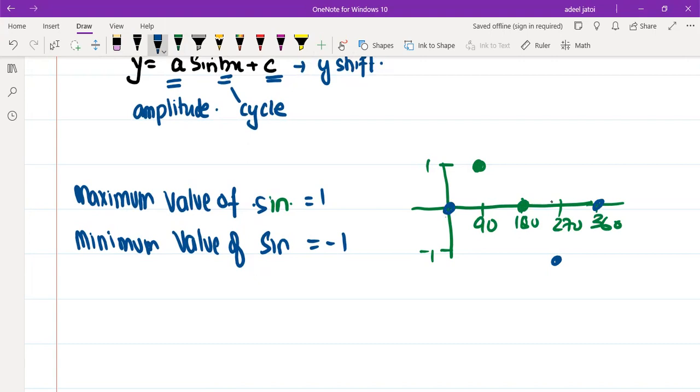So sine 0 is 0, 90 is 1, 180 is 0, 270 is -1, and 360 is 0 again. And the graph goes like this because of the minimum and maximum points. From 0 to 360, you will always have one cycle.